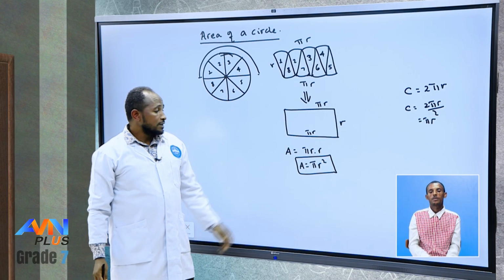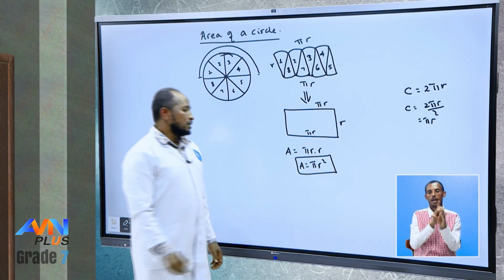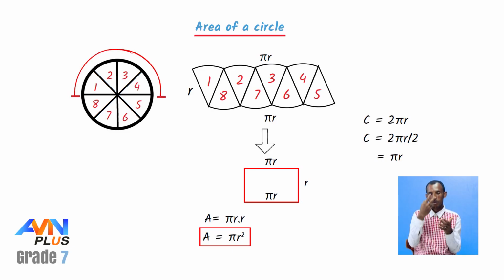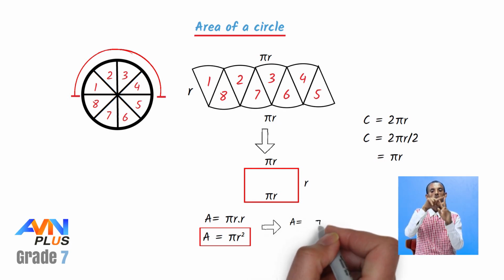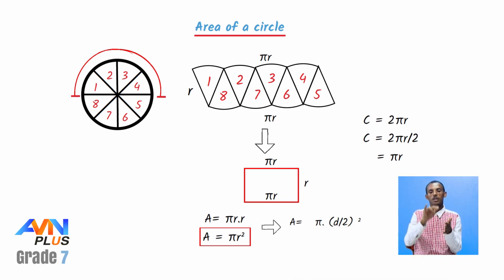We can even rewrite this equation using the diameter. How? Look, area is equal to pi times, we know that radius is half of diameter, d over 2. So I can write d over 2, the whole squared.